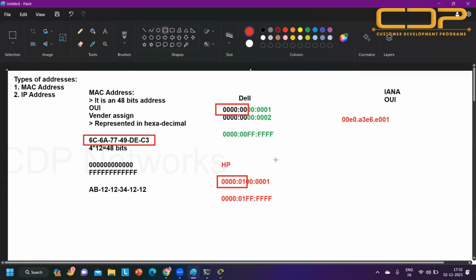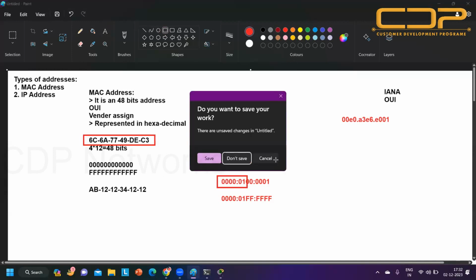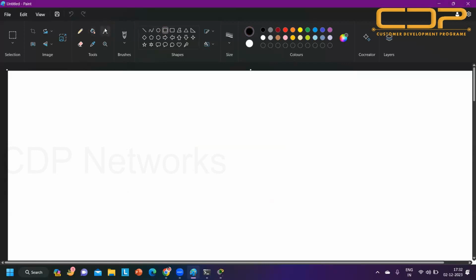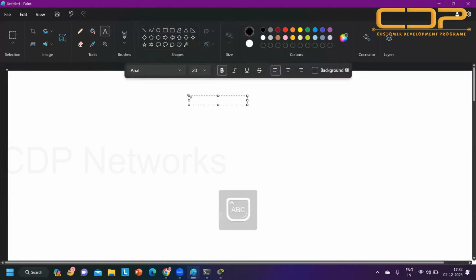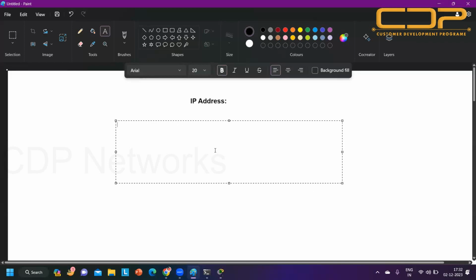Fine. Now the next type of address is the IP address. The IP address is a 32-bit address. First, think about the IP address.